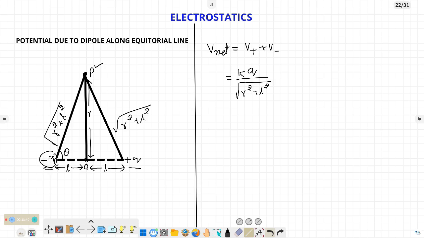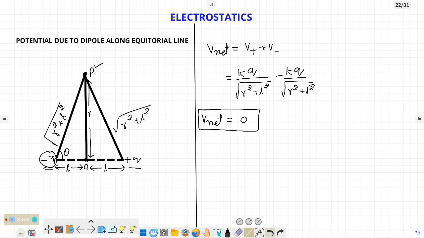Here the charge is negative, so we write minus K into Q by under root of R square plus L square. If you observe this equation, V net is equal to, both the values K and Q are similar, but one is plus and one is minus, so the net value becomes equal to 0.